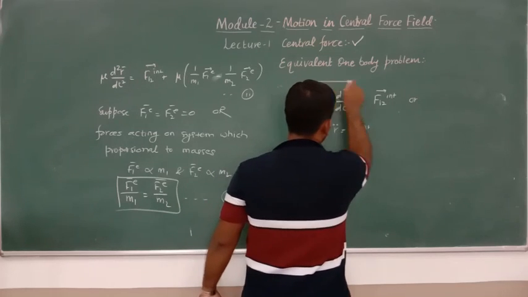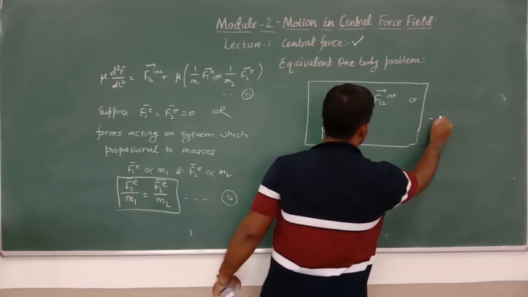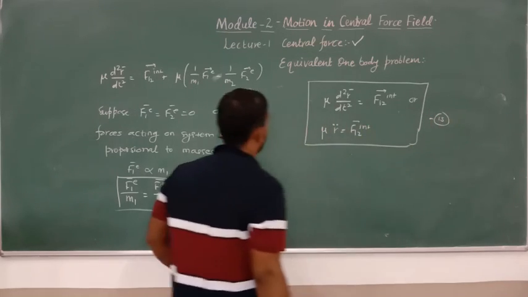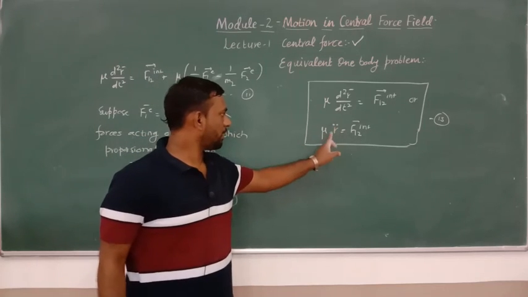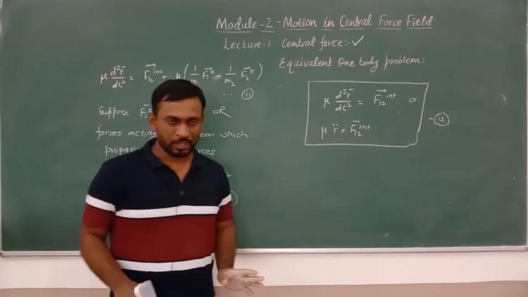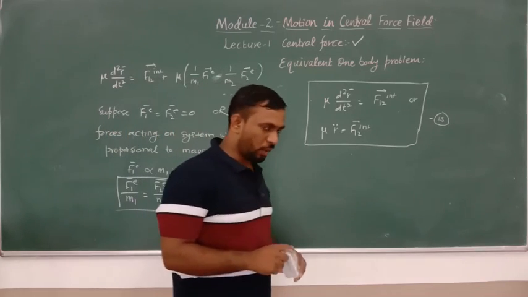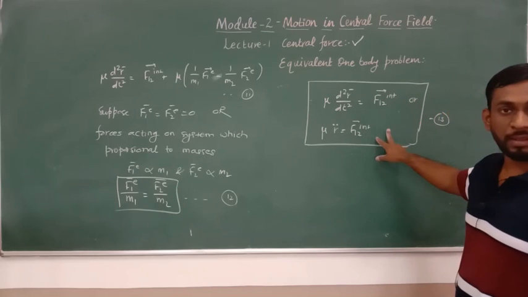So equation number 11, 12 or 13, this is the equation of motion for a single body problem. Since r bar, this is the second order derivative with respect to time. So this is the equation of motion, or we can say this is the equation of the equivalent one body problem.